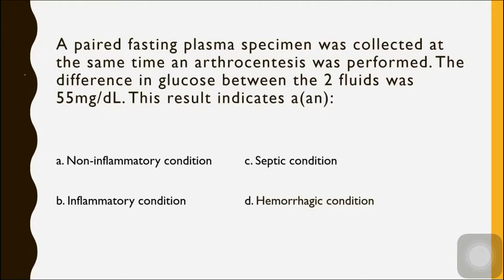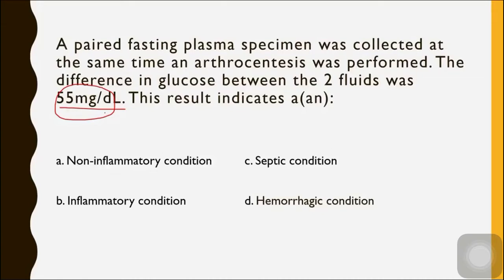So in here, the difference given is 55 milligram per deciliter. So given a normal paired fasting plasma or fasting glucose of 70 to 100, it can be inferred that 55 milligram per deciliter is actually a big number. So mataas yung difference between the synovial fluid and the plasma glucose.